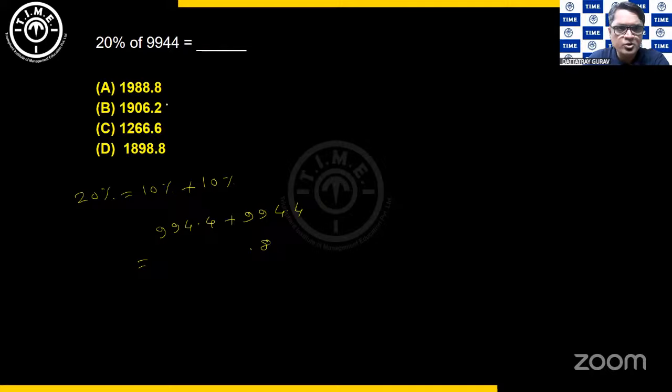So options B and C are ruled out. The next number: 4 plus 4 is 8. So ending with 88. Again, both options are possible. If I consider one more number, 9 plus 9, 18. So ending with 888. If you look, option A is the answer then. As per the option, I can say it is 1988.8.